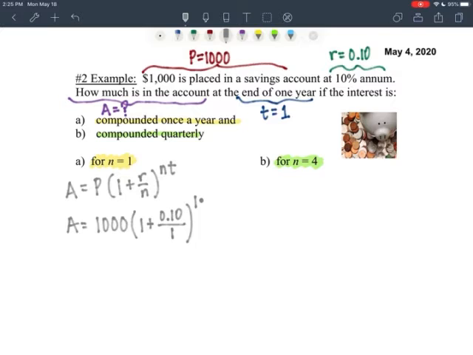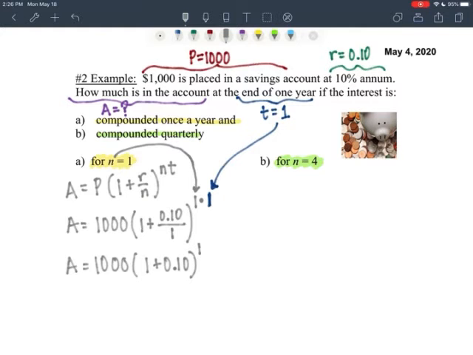So you can see that this is going to be the same thing as P times the quantity 1 plus the rate, raised to the T power.